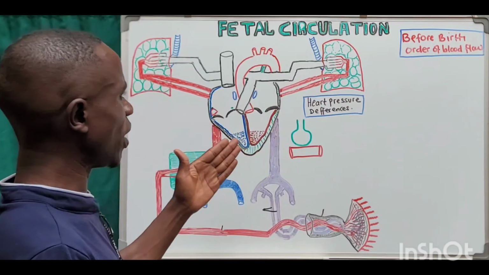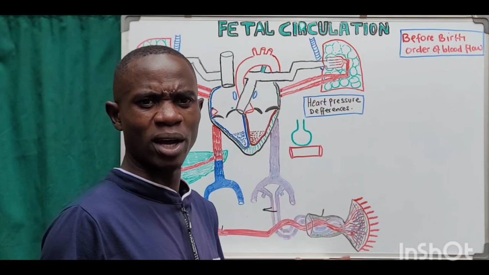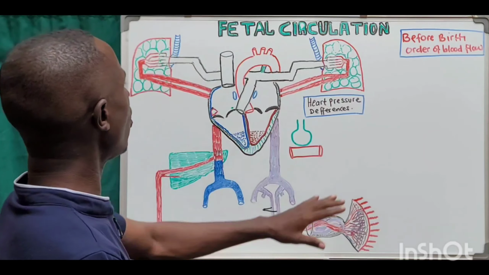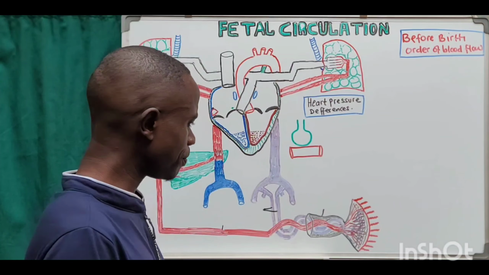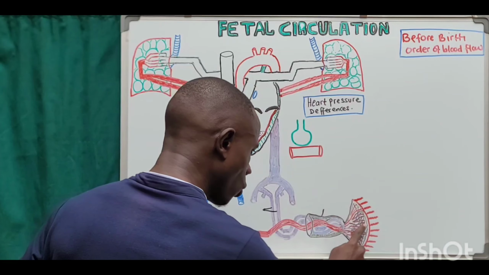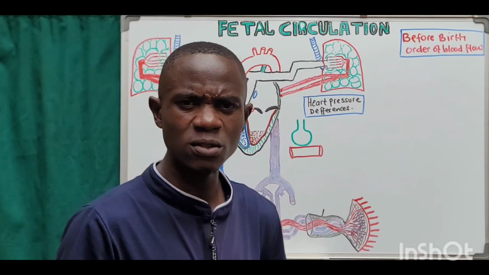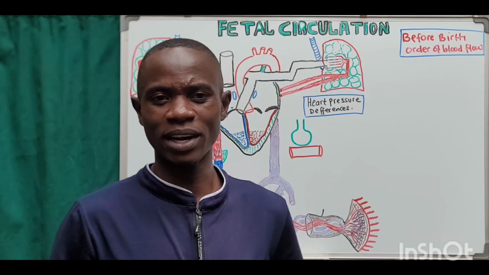Before we go into that, we want to see the anatomical orientation of this diagram, and see exactly what we call all these different parts before birth. We come over here. This maroon structure is very important, it is everything during fetal life.